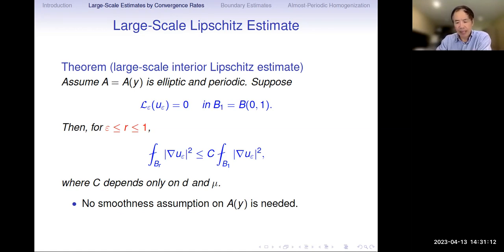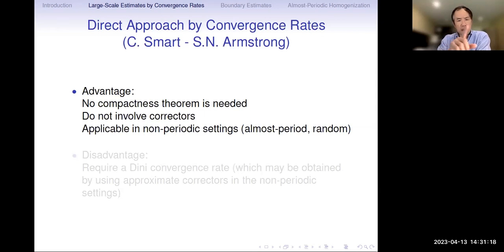Compactness means it's proved by contradiction. So today we're going to present a direct approach. This method was first used in this homogenization setting by Charles Smart and Scott Armstrong. Here we're not going to argue by contradiction; rather it's a direct approach.